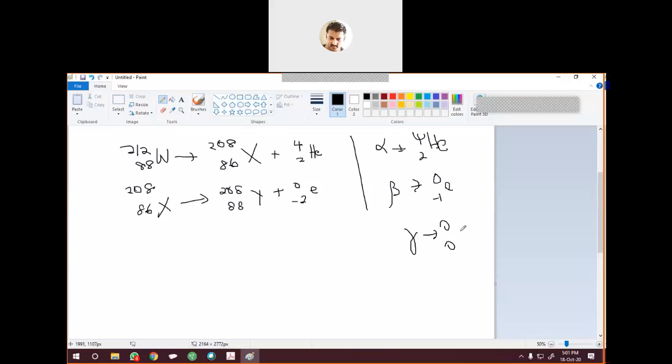Now what is being released? How many beta? One beta is 0, -1. Here it is 0, -2. That means 2 beta. So this one represents my alpha.